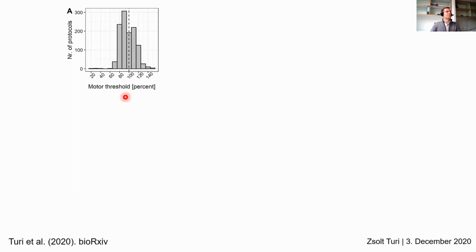Because most studies use the motor threshold intensity, we also checked what are the typical intensities that we use. And we found that this ranges between 80 to 120% of the resting motor threshold. And here comes something interesting.